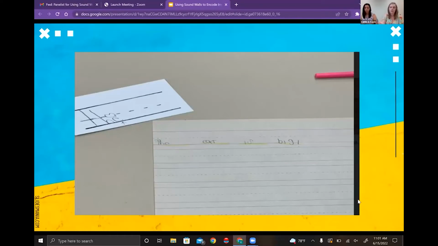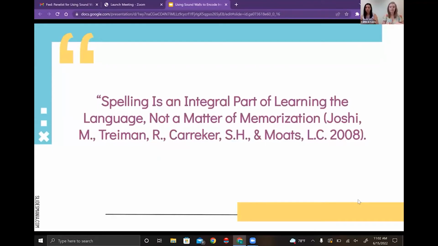One thing I thought was really neat about that video was that he had recognized the word "is," and he no longer needed to go up to the sound spelling wall to build those connections. He had built that automaticity from just doing it over and over again, so he no longer needed it.